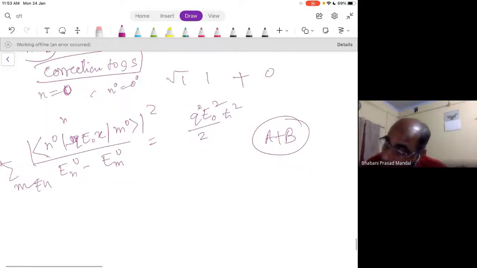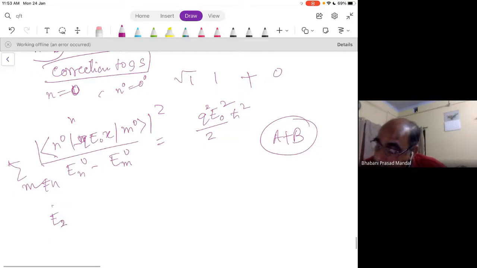See, m is a variable, right? You remember the second order correction. Second order correction to the nth level is in our hand: second order correction to the ground state, to the first excited state, to the second excited state. So one can calculate for n0, n1, n2.